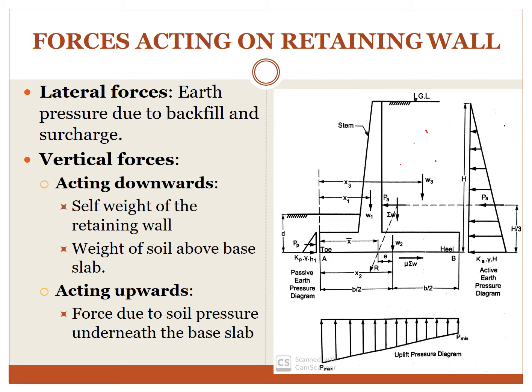In the downward direction are the self weight of the retaining wall, which is W1, and the weight of the soil above the base slab. The vertical force acting upward is due to the soil pressure underneath the base slab, where the soil pressure acts up.